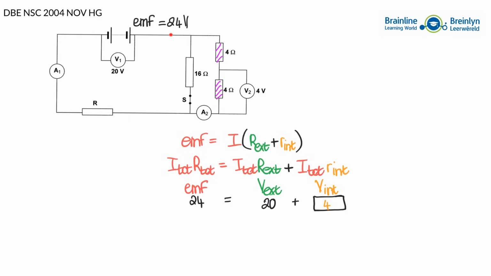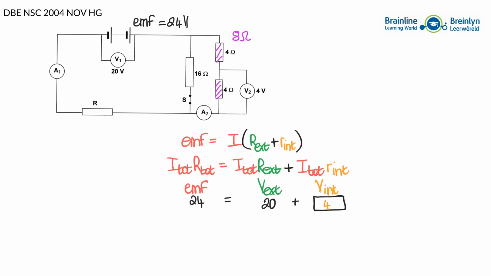We would have a flow of current and then a split where some of the current would flow through the 16 ohm and the rest would have to flow through both the 4 and the 4. In other words, the value for the total resistance in the outermost branch would actually have been 8 ohms.